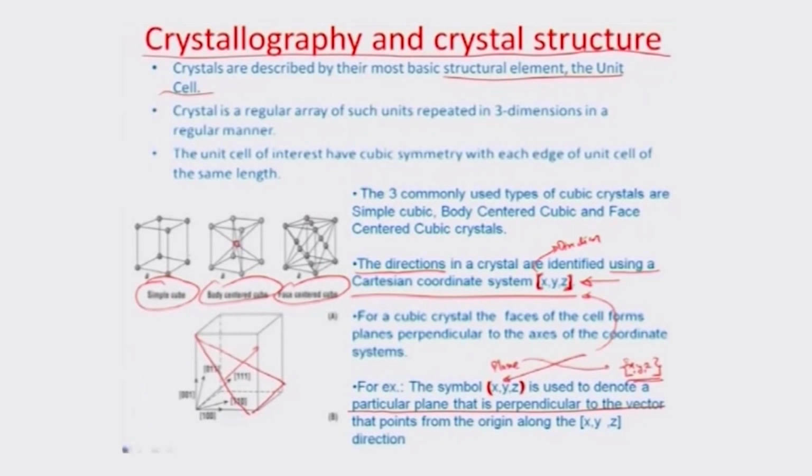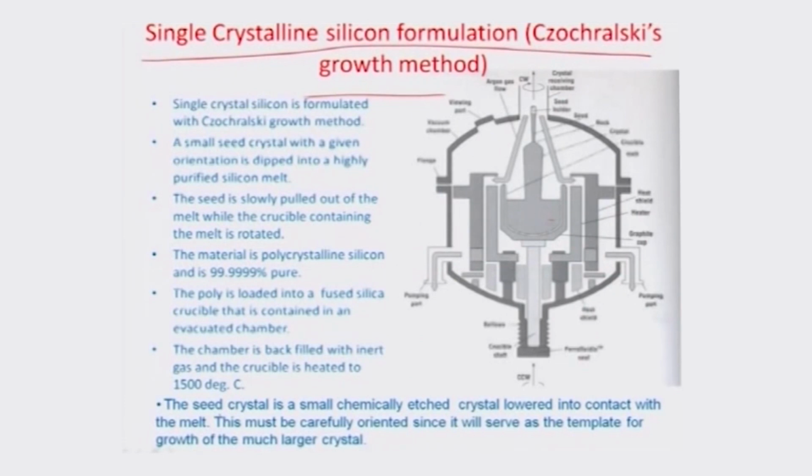So let us now look into a little bit different aspect of how you can actually make single crystalline silicon. In the context of that, the most important method that is illustrated in literature very often is the Czochralski growth method, in which silicon can be obtained from 99.99% pure polycrystalline silicon, which is fused.